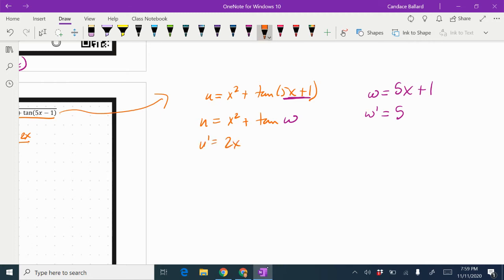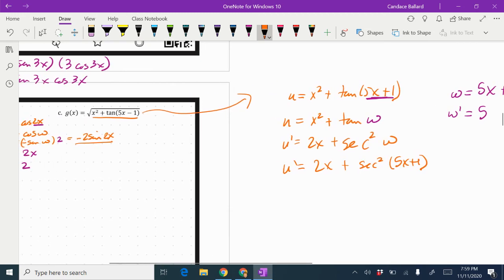So u prime equals 2x. Derivative of tangent is secant squared w. And now we're going to substitute back in for the w. So u prime equals 2x plus secant squared of 5x plus 1.